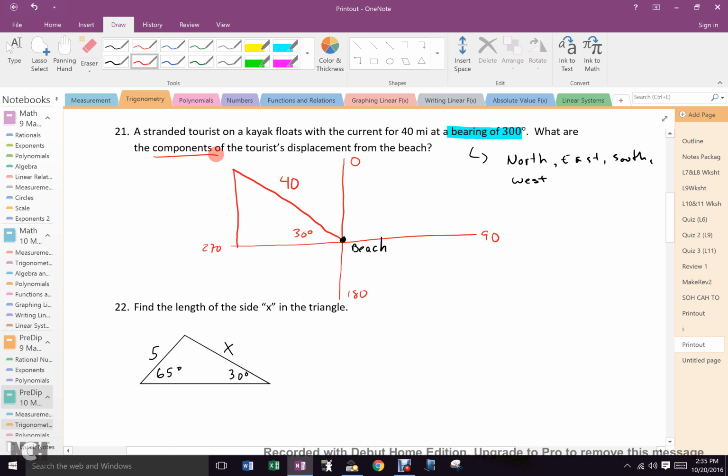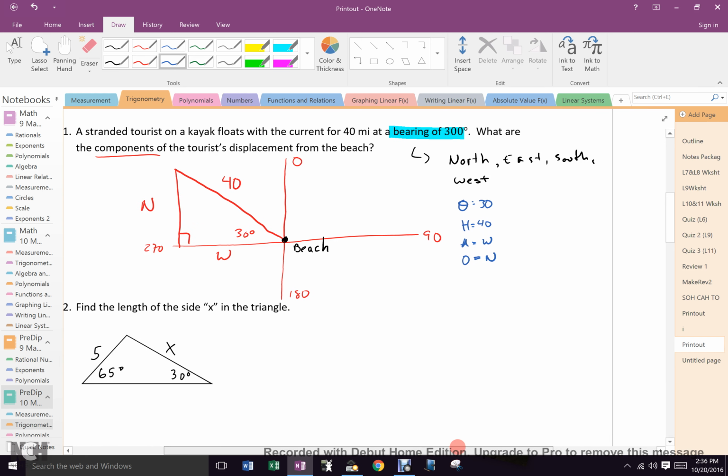We need the components. So how far away do I have to go? Well, the components of this is he went north, west, and then north, didn't he? Or north and then west. It's the same triangle. So all I have to do is I have a theta of 30, a hypotenuse of 40, and I need my adjacent, which is W, and my opposite, which is north.